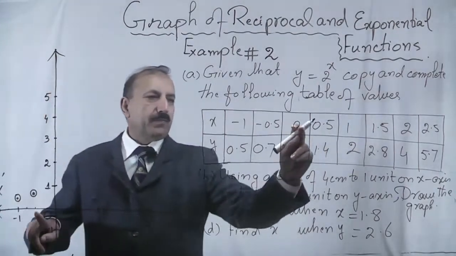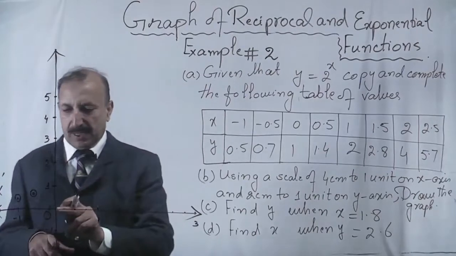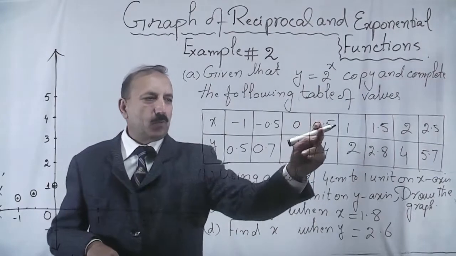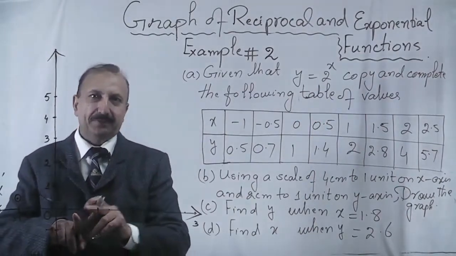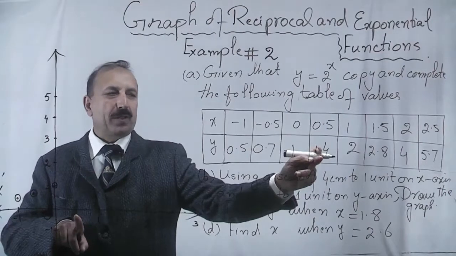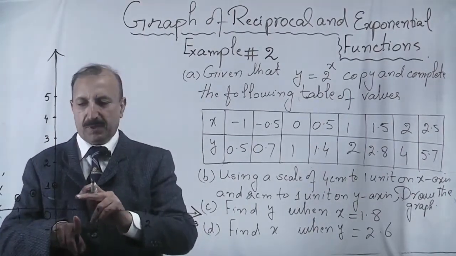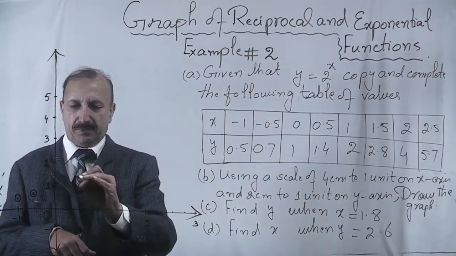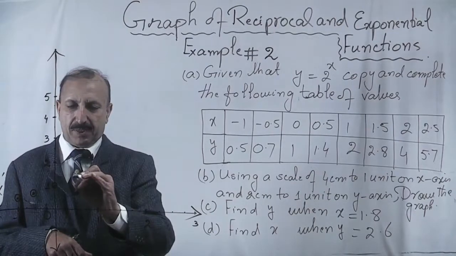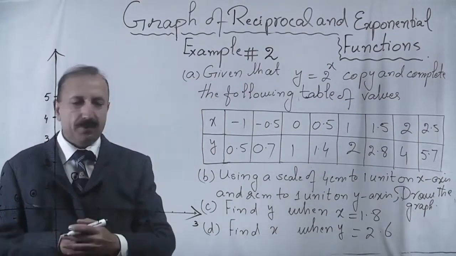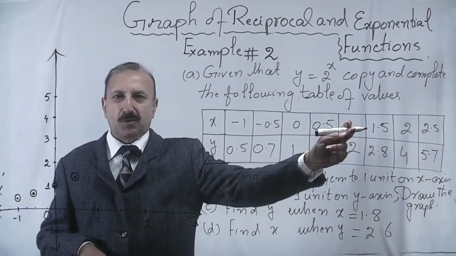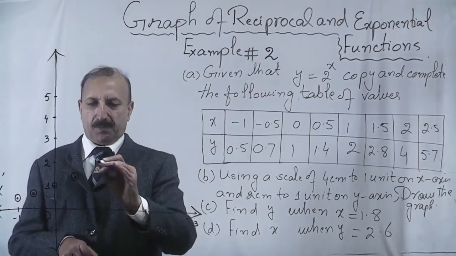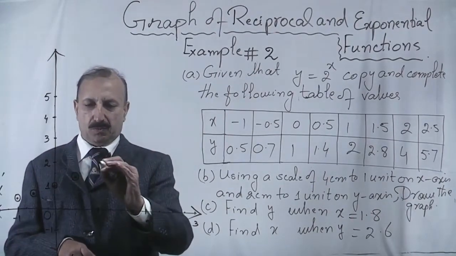Yes, and then x value is 0 and this is 1, x value is 0, here is 1, and then x value is 0.5, x value is 0.5 here, and the value of y is 1.5, 1.4 sorry, here is 1, here is 1.5, a little lower than this one, yes, this is 1.4, and then when x is equal to 1, value of y is 2, jump up to 2 here, this is 2.